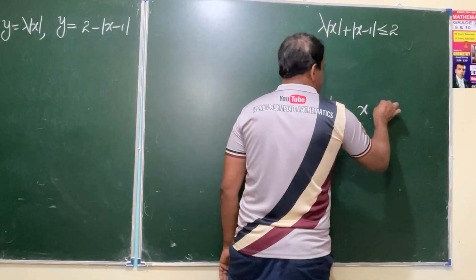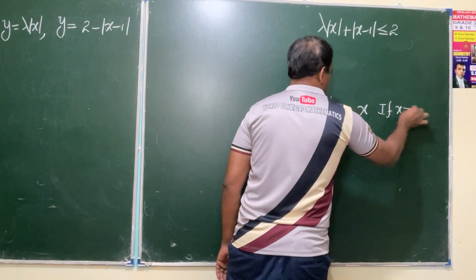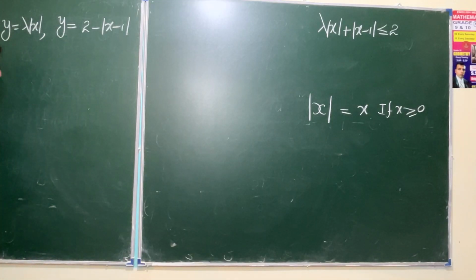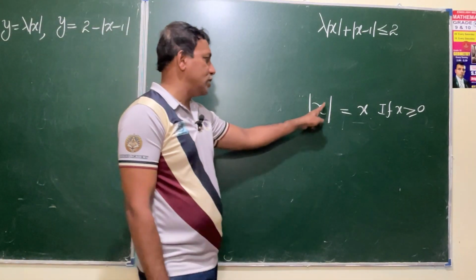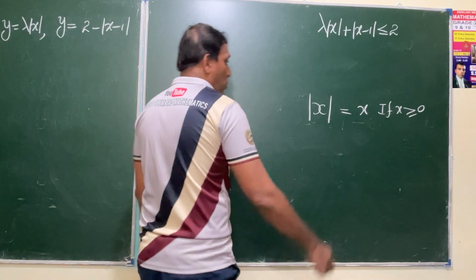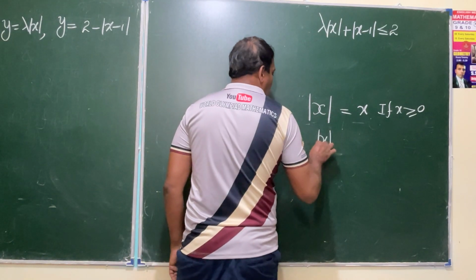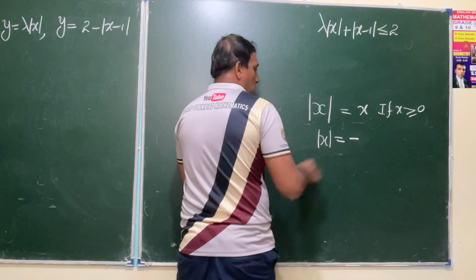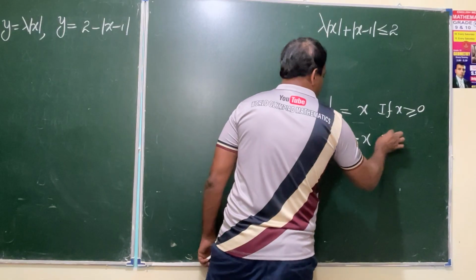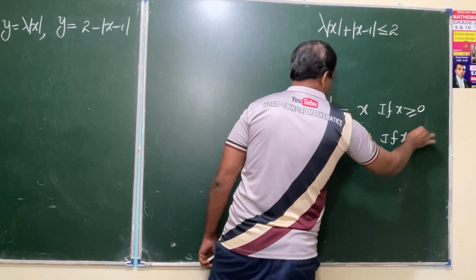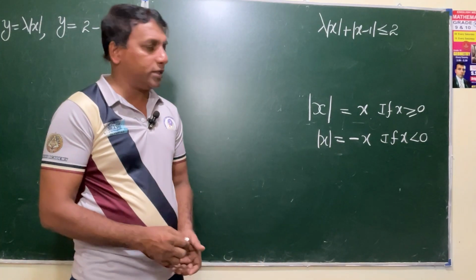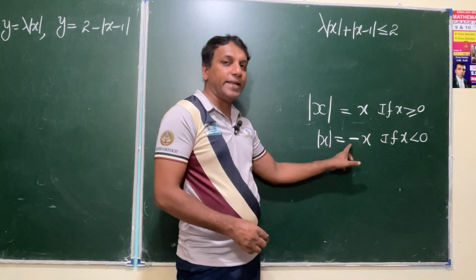If x is greater than or equal to 0, inside the modulus x is a positive number, so you can write the same. That's the first case. Otherwise, mod x has another answer: put a negative and write what is inside. If x is less than 0, inside the modulus a minus comes, so you put an extra minus and write it.